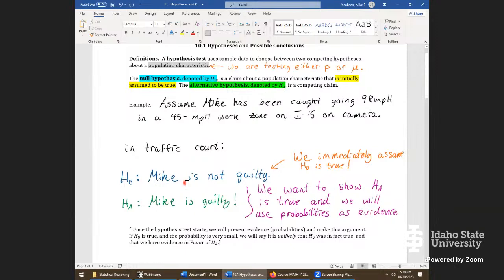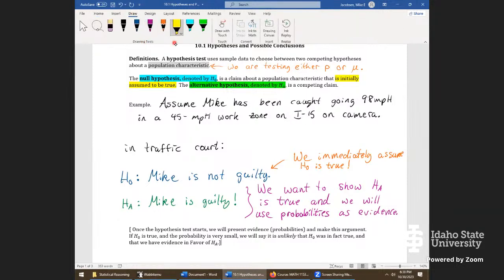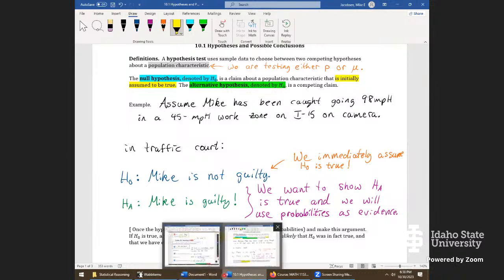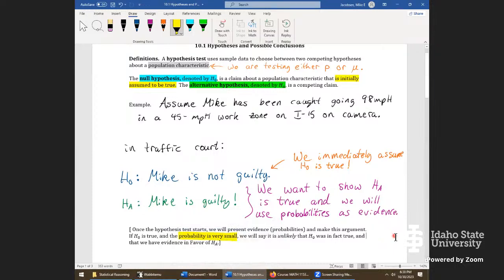Because that probability is so small, the null hypothesis is looking unreasonable, and we have support in favor of the alternative instead. So in other words, the evidence we're looking for is a probability that is small, very small, and we'll have to say what we mean by very small as we go through these problems. Very small probabilities are in support of the alternative hypothesis. Any questions about that so far?